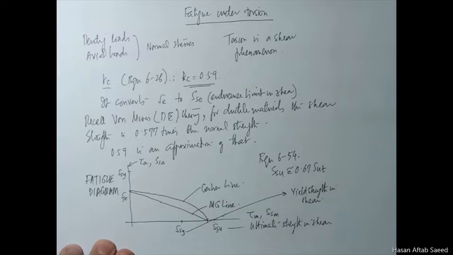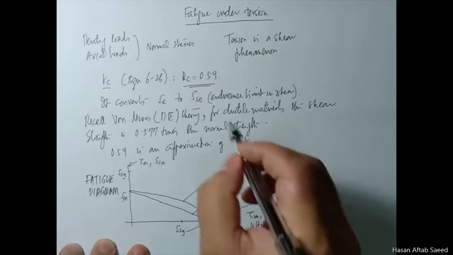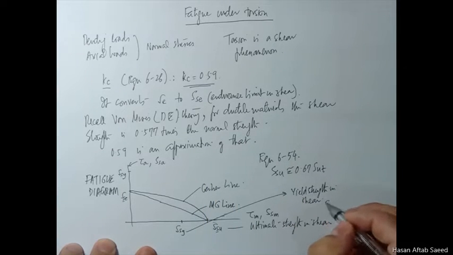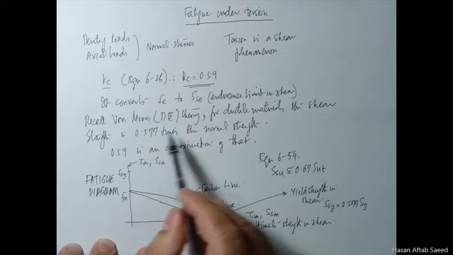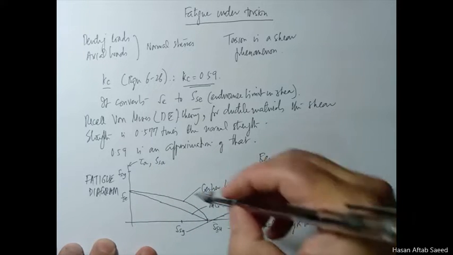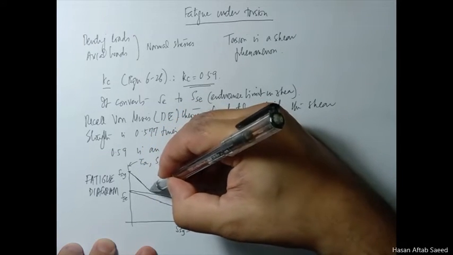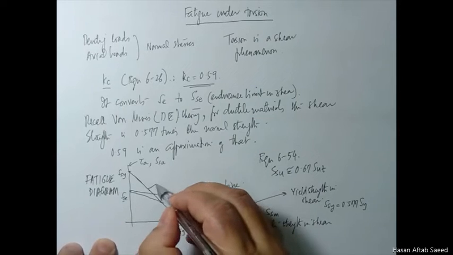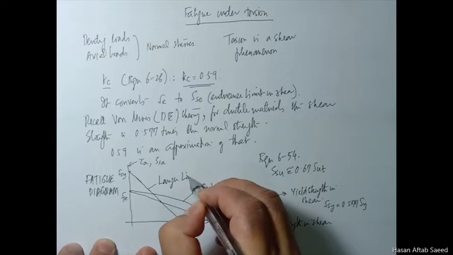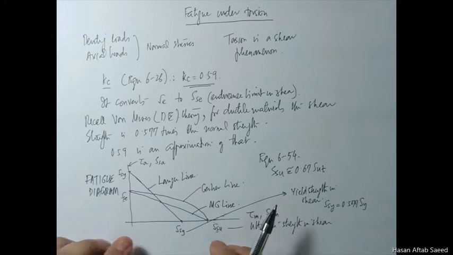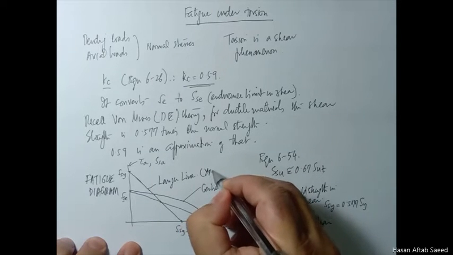If you convert it to shear stress, it's very easy to convert it again using the same von Mises criterion. SSY can easily be calculated by multiplying SY, the yield strength of the material, with 0.577. So this thing is valid here also. If you join these two together with a straight line, this is the equivalent of the Langer line, or you can just say yield line.